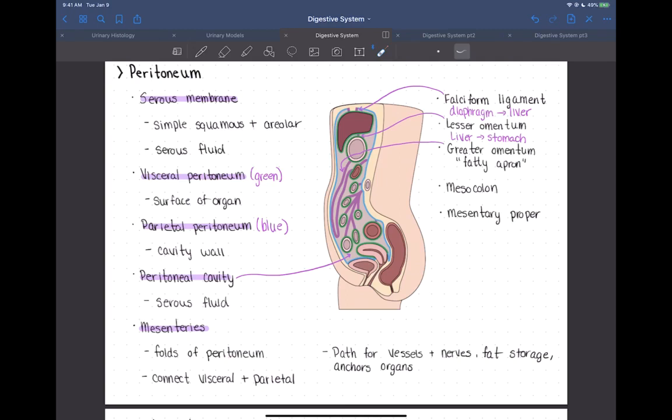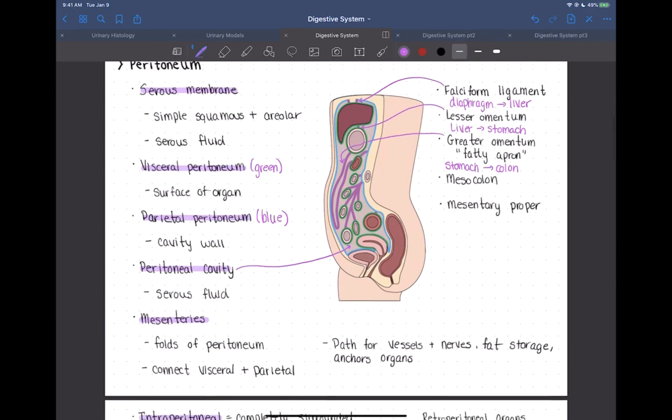It actually connects from the bottom of the stomach, as you can see here. And when it folds back up, it connects to part of the colon here. So it goes from the stomach to the colon. We'll look at that a little later, when we talk about each of those parts, and it'll be easier to see where it connects.